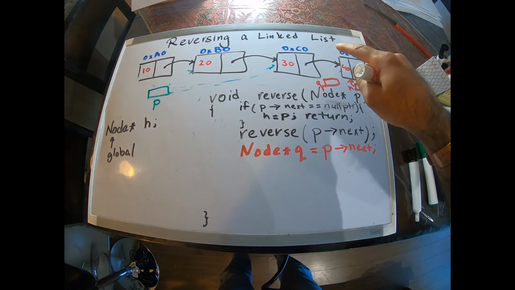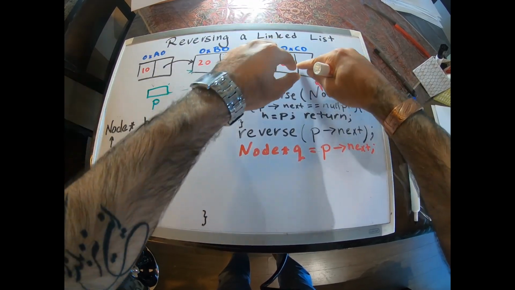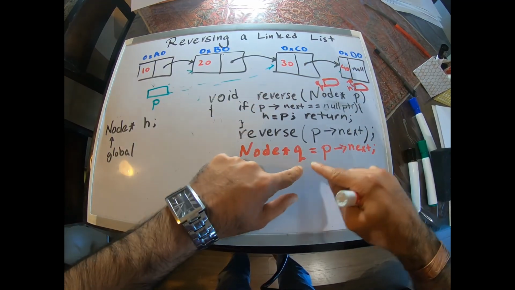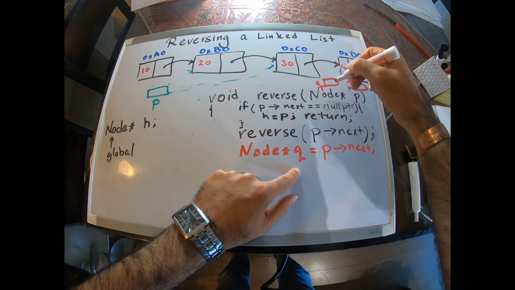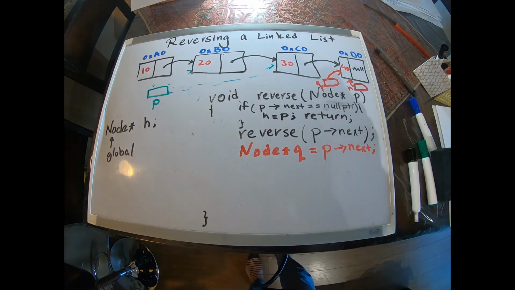Can you guys see the whole whiteboard? Yeah. So this is where P is pointing to. This is P arrow next. P arrow next is pointing to this node. Q is equal to P arrow next, so it means that Q is going to point to the same node.